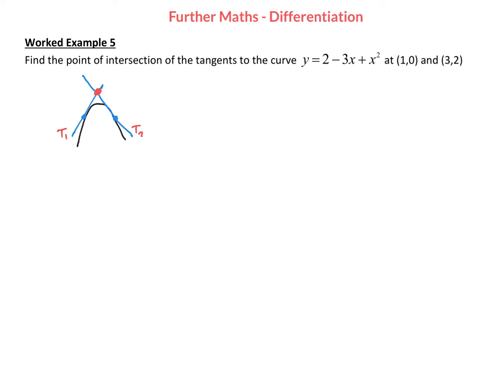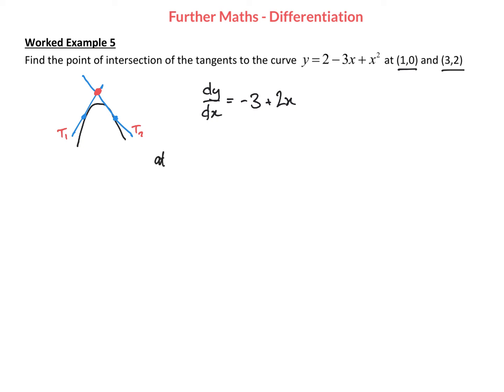So first of all, we have sets of coordinates. We need a gradient though, so let's find dy by dx. So we differentiate 2 to get 0, minus 3x differentiates to give minus 3, and x squared gives 2x.